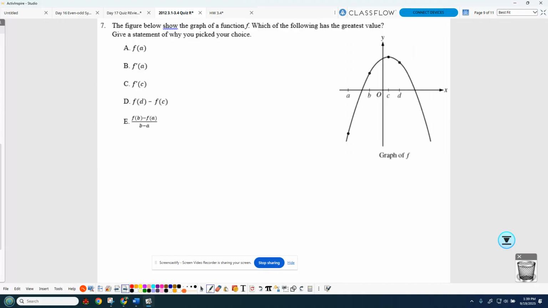D. Why D? It's gonna be negative. And C, that's gonna be almost 0. D to C, that's gonna be a negative number. C, you can also just throw that out on its own because it's gonna be almost 0. F prime of C, the slope there is 0. Also f of a, because that's gonna be negative. F of A is negative, so.